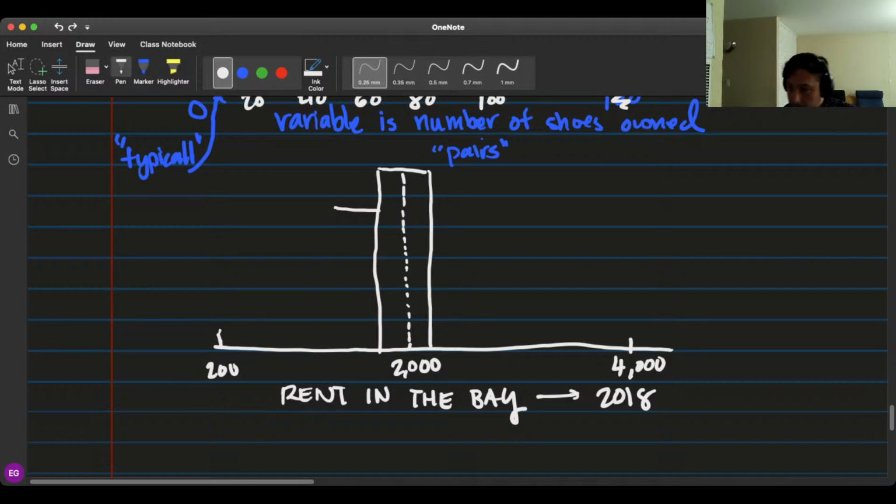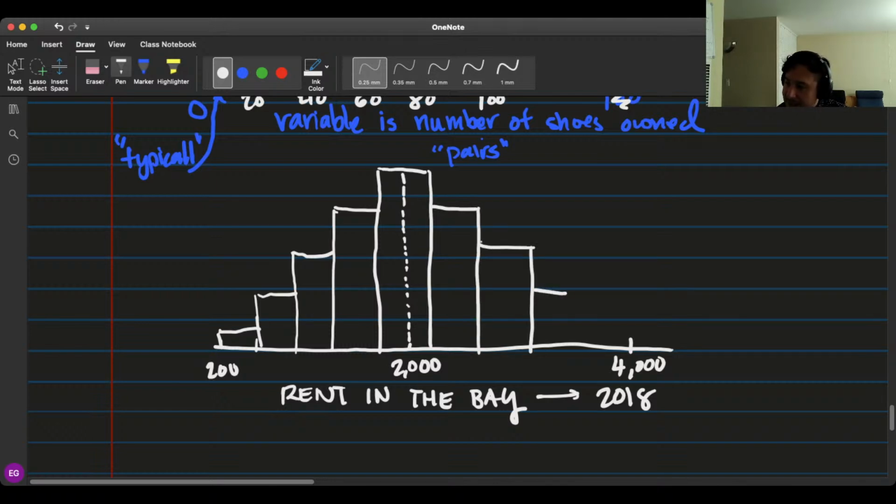Oops. I'm having a really hard time drawing straight lines. I'm on the struggle bus. Okay, whatever, good enough. And when I looked at the histogram of the data, it was really interesting what I got. It basically looked like this.